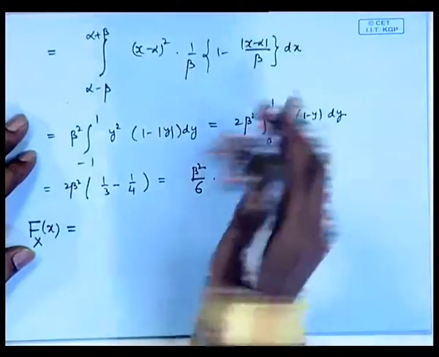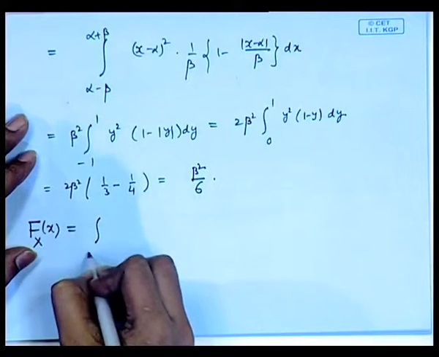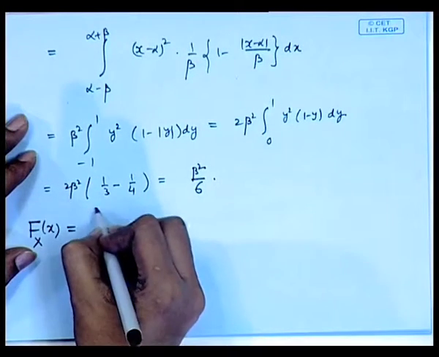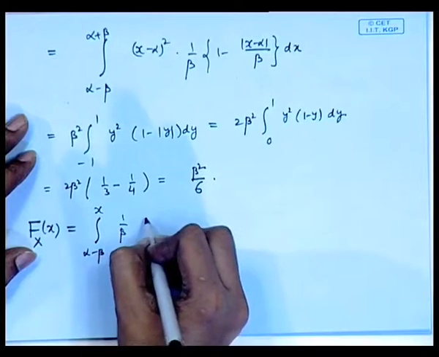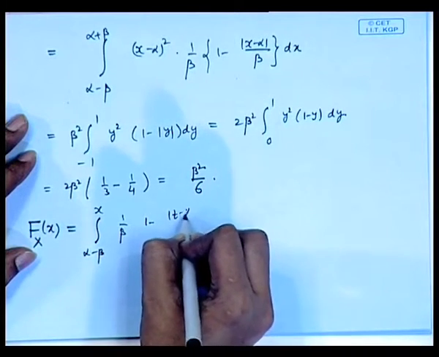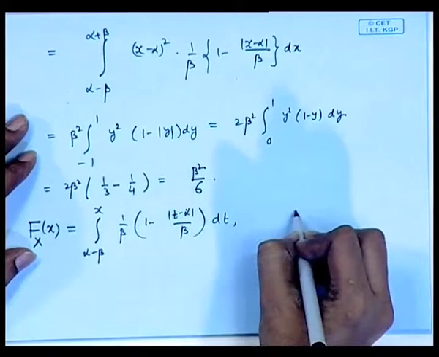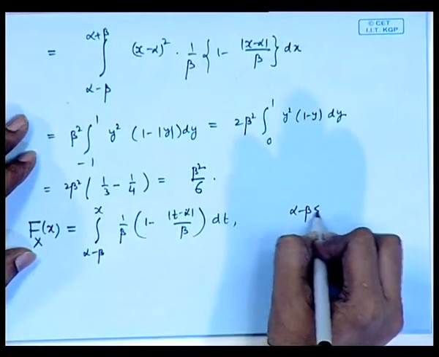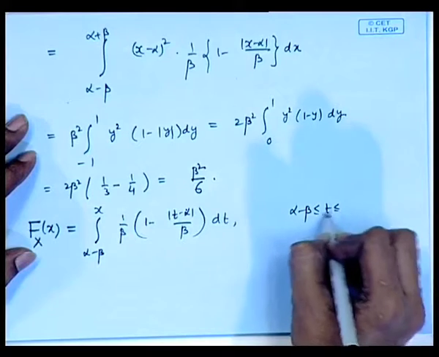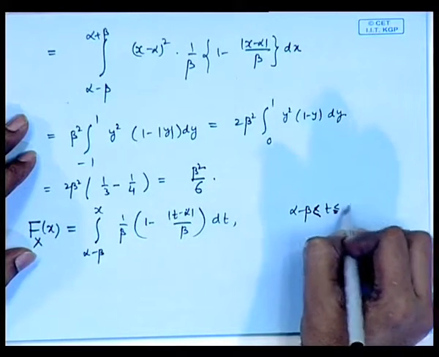So, we need to concentrate on the integral from alpha minus beta to x of 1 by beta times 1 minus modulus of (t minus alpha) by beta dt, for t lying between alpha minus beta to alpha plus beta.